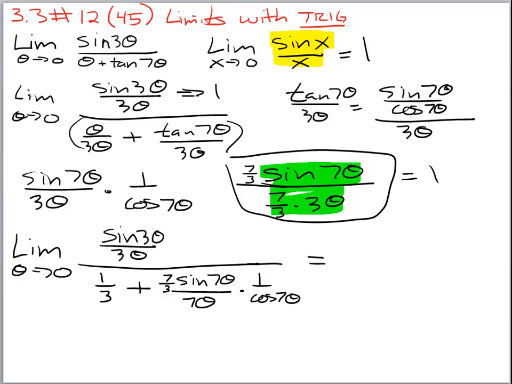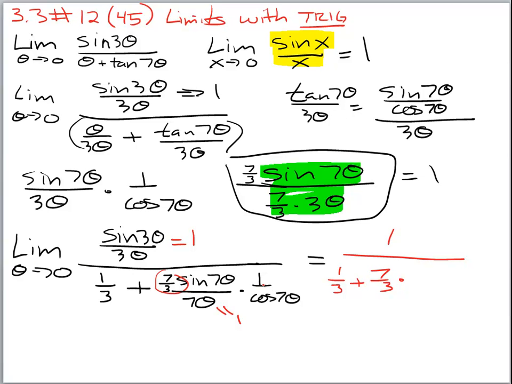Now when we take the limit, right, this is 1. This piece is 1. So we get 1 on top, 1/3 plus 7/3, right? 7/3 times 1, and then times 1 over cosine 7 theta.